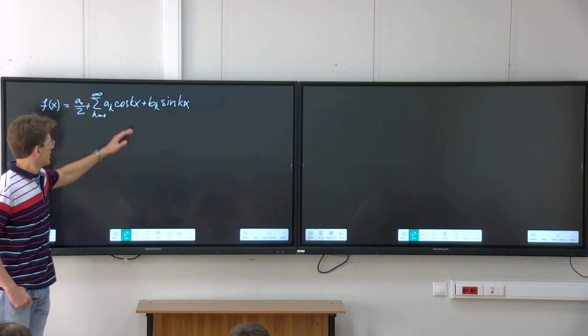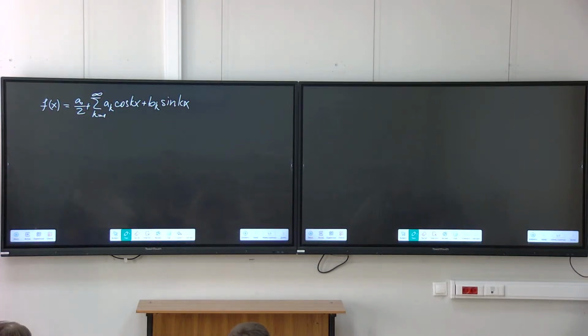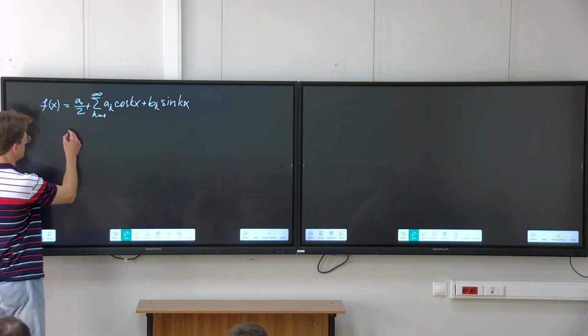The sine and cosine functions which appear in the series are usually called elementary harmonics, and they have numerous physical interpretations. What's special about these functions from the mathematical point of view?